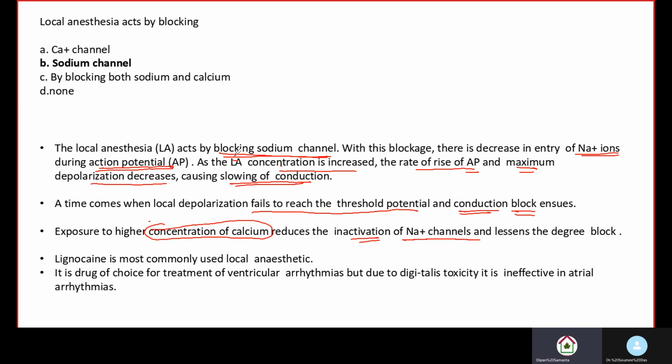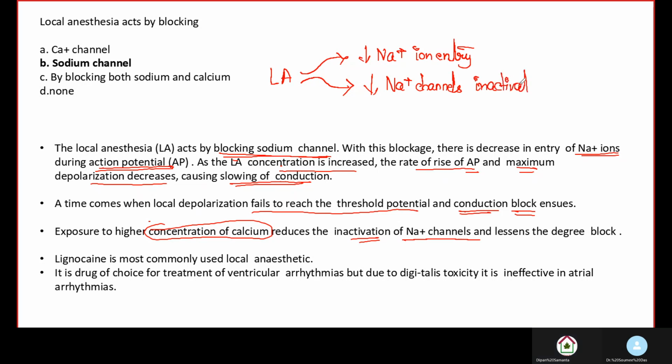So first, local anesthesia decreases the sodium ion entry. And next, higher concentration of calcium reduces the sodium channel inactivation.